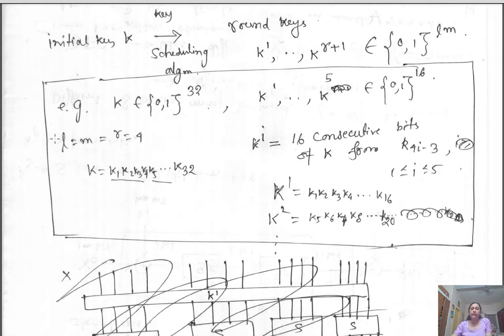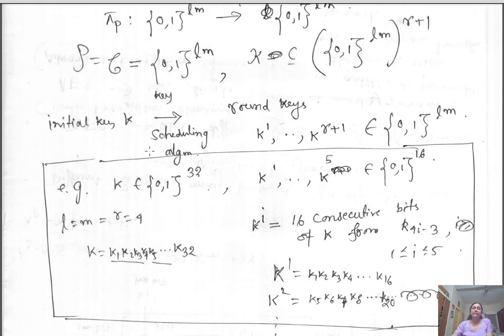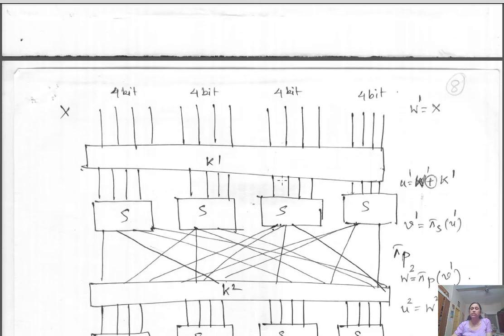For this particular case, L equal to M equal to R equal to 4, your plain text is essentially 16-bit. That 16-bit is first XORed with the first round key, and then it is passed through the substitution box.